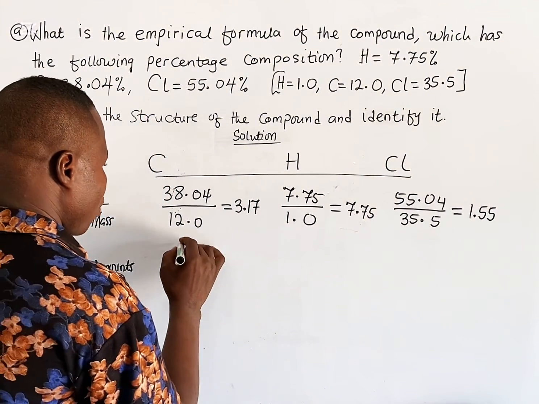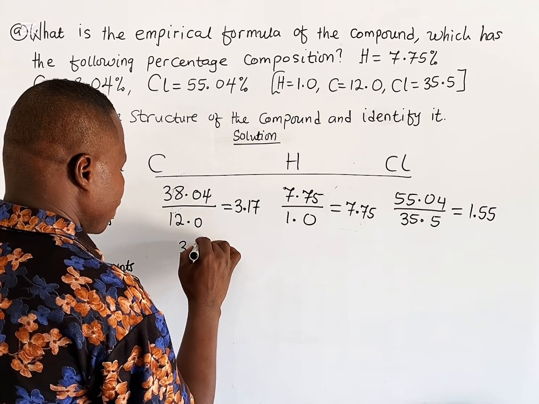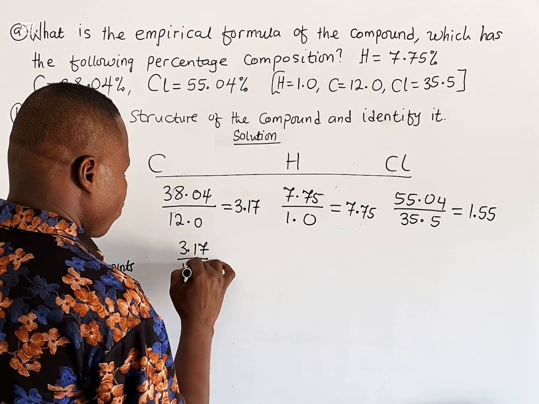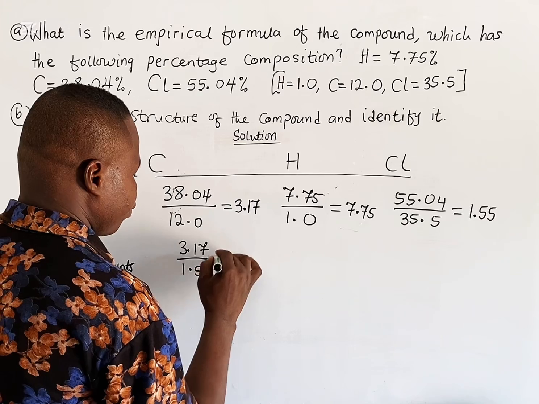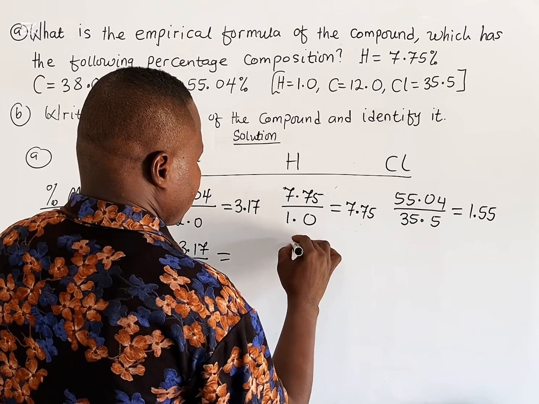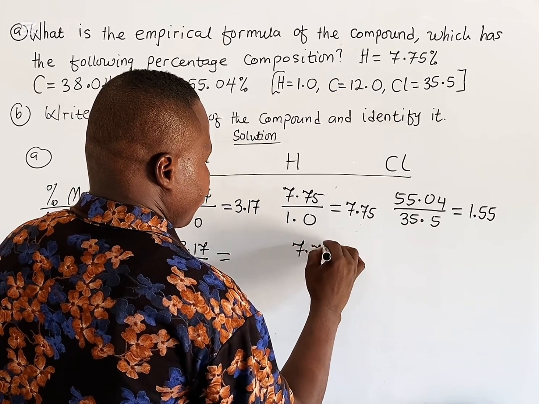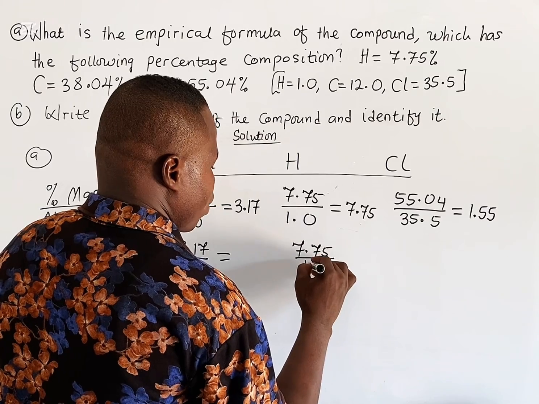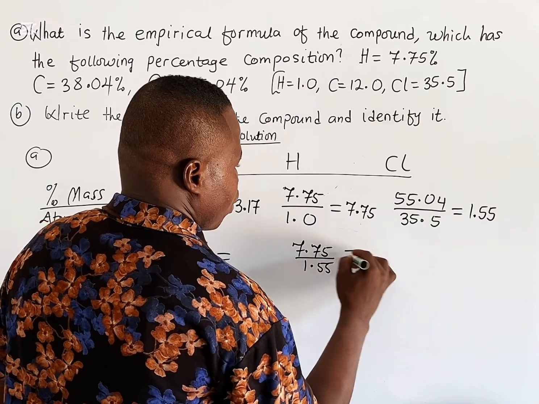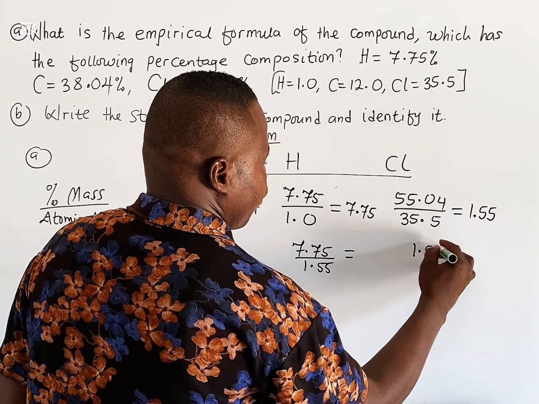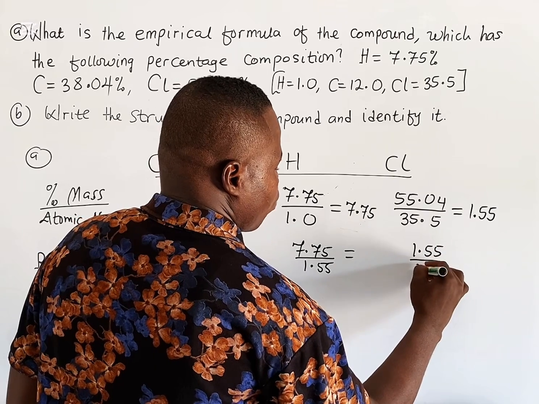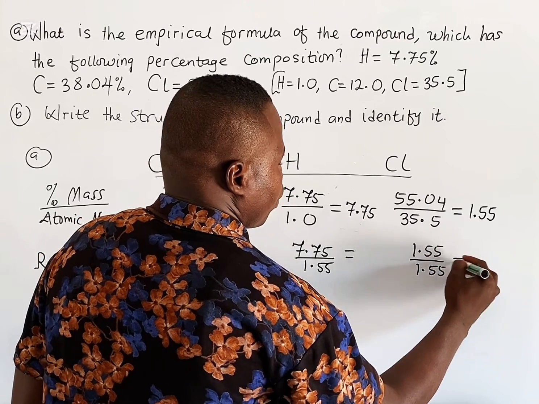So that means I'll take 3.17 and divide by 1.55, take 7.75 and divide by 1.55, and take 1.55 and divide by 1.55.